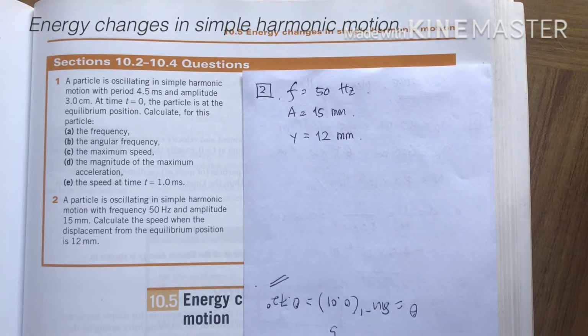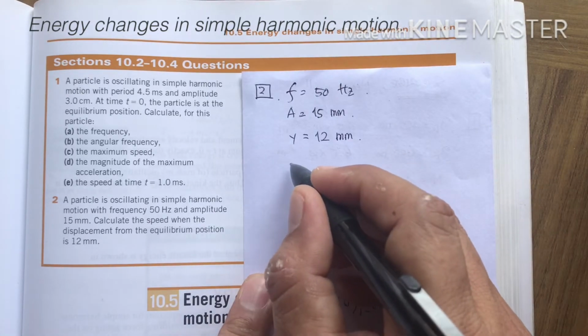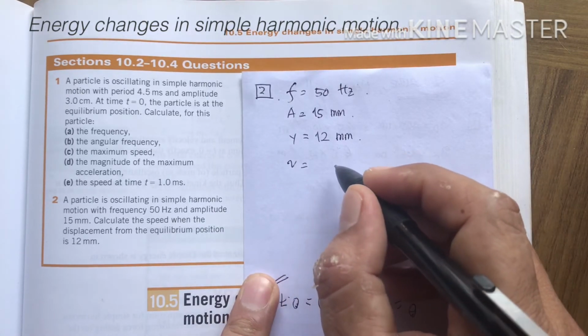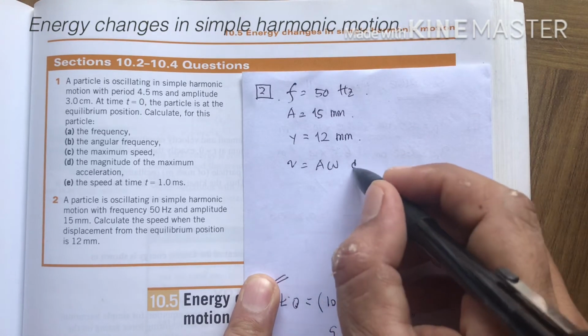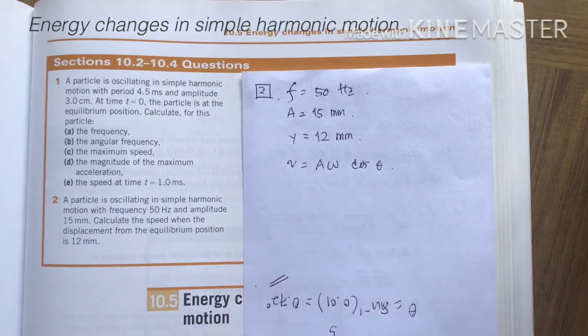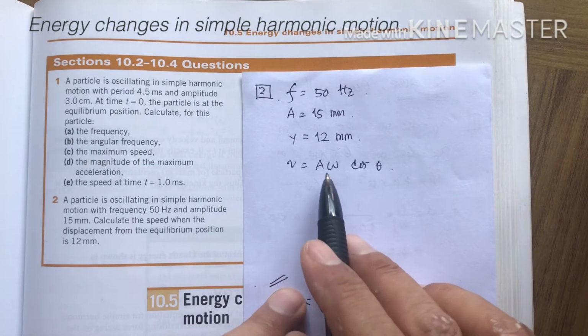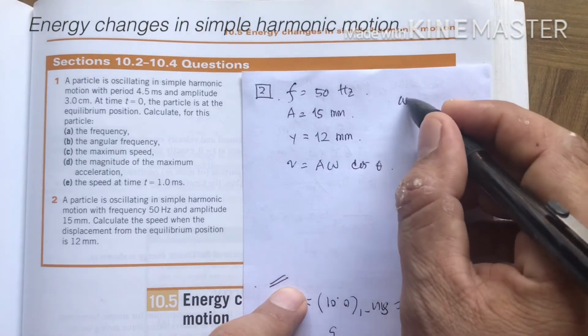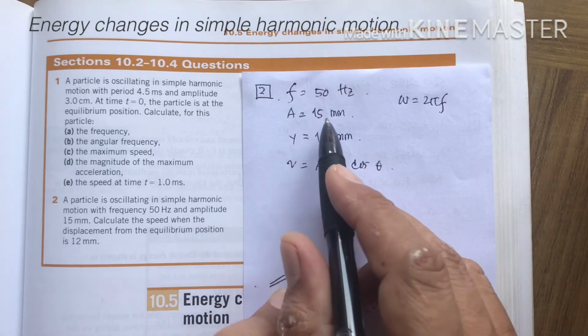The question is to calculate the speed, V. V is A omega cos theta. Omega is 2 pi f, and amplitude we have 15 millimeter.